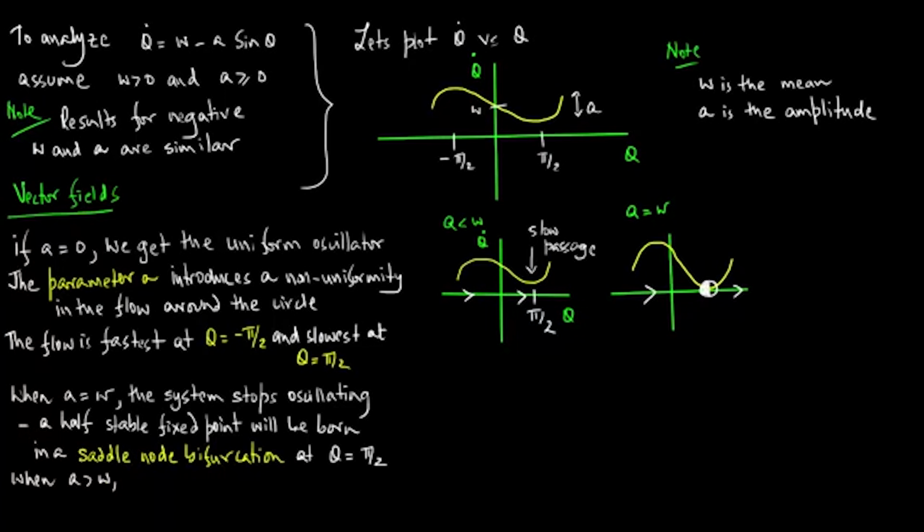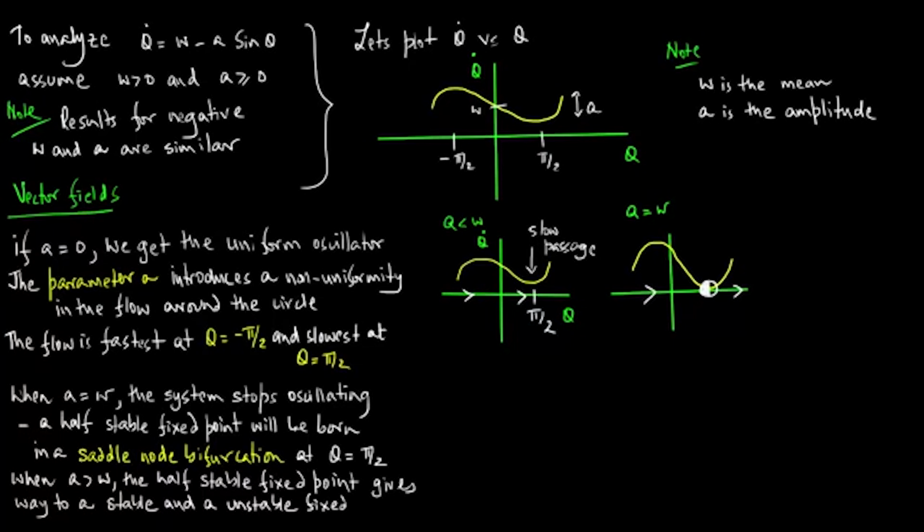When a is greater than omega, the half stable fixed point gives way to a stable and an unstable fixed point. So let's plot a greater than omega, and we note that we have an unstable fixed point and a stable fixed point.